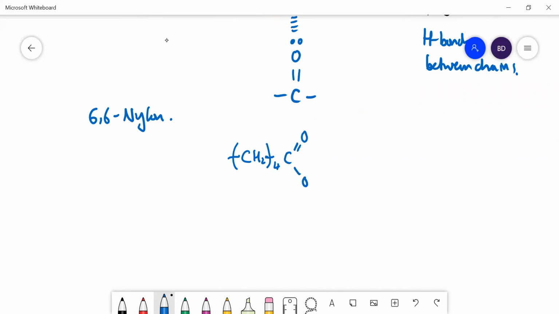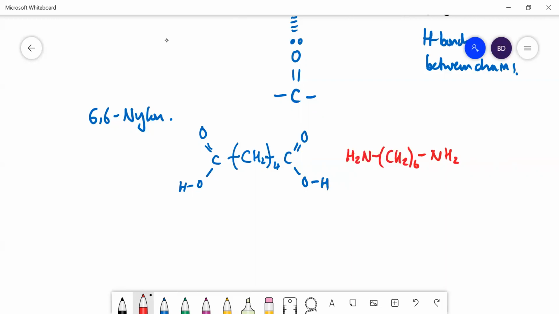So there's hexanedioic acid, or it can be hexanedioyl chloride. That will work as well. And you've got hexane-1,6-diamine. So you've got an amine group on this end, 6 CH2s, a carbon chain 6 long, and an amine group at the other end.